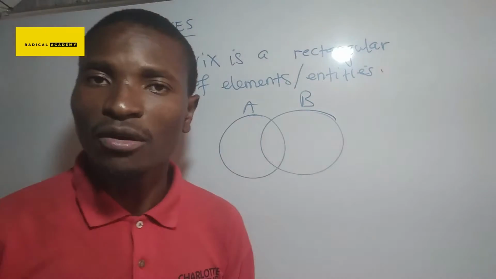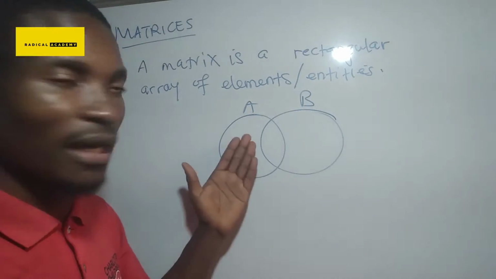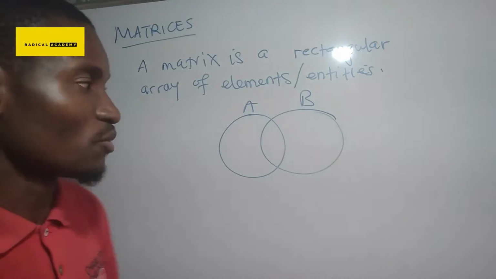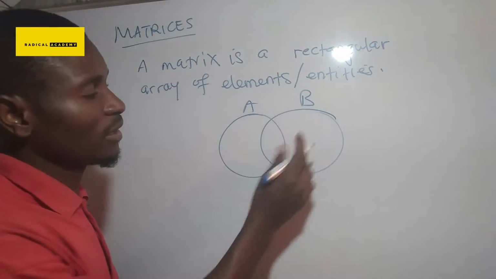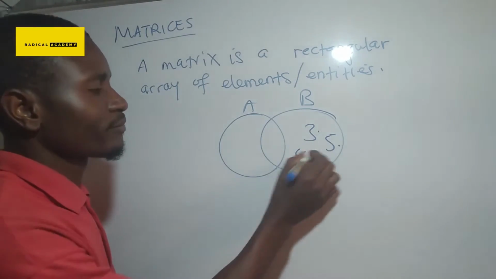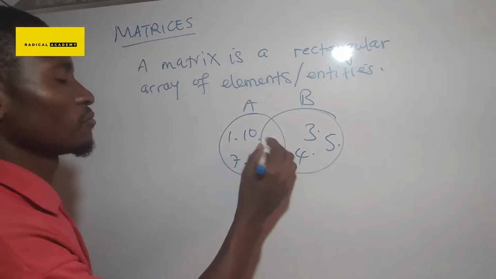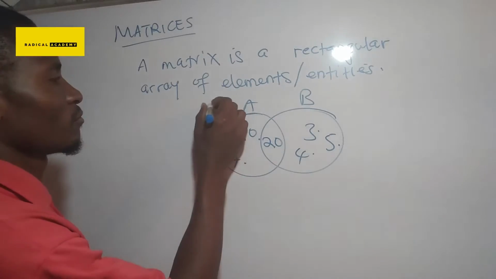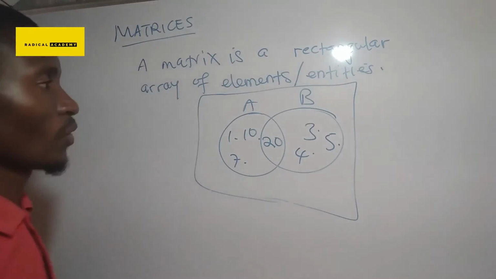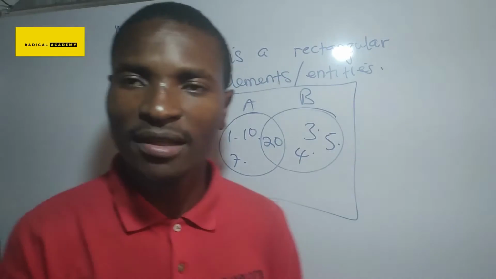For instance, here you see that I've got two sets A, B, that are able to interact, and you can see that at the middle there is an interaction. So this is similar to the definition of the sets that we have talked about.